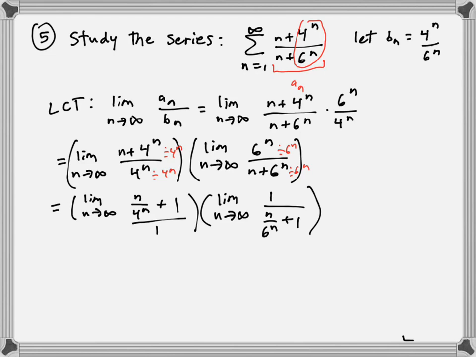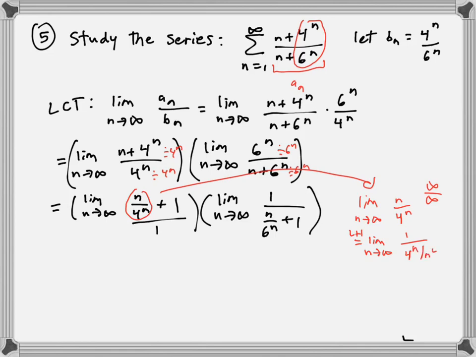So I'm going to do, for example, this limit off to the side. What is the limit as n goes to infinity of n over 4^n? Well, if I get infinity over infinity, I'm going to use L'Hopital's rule. So if I use L'Hopital's rule, I end up with the limit as n goes to infinity of 1 over 4^n ln 4, which goes to 0.